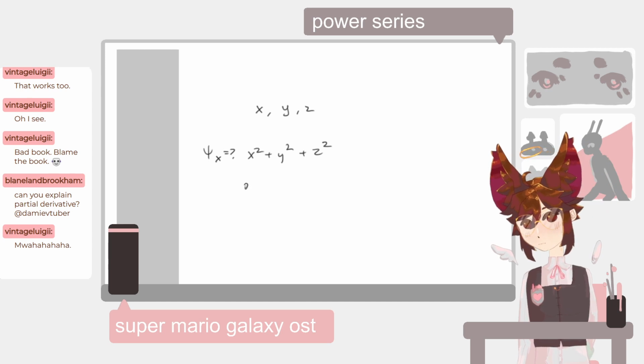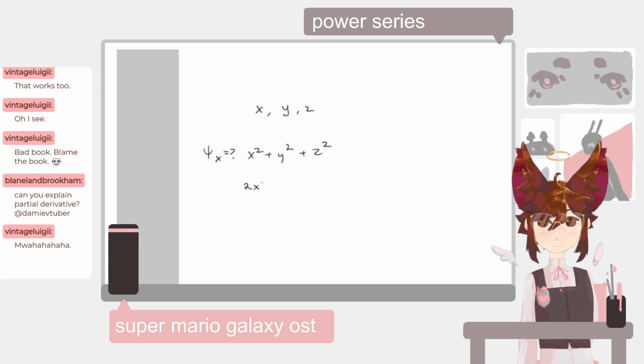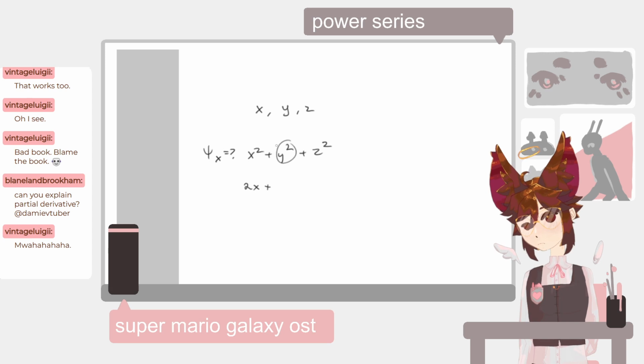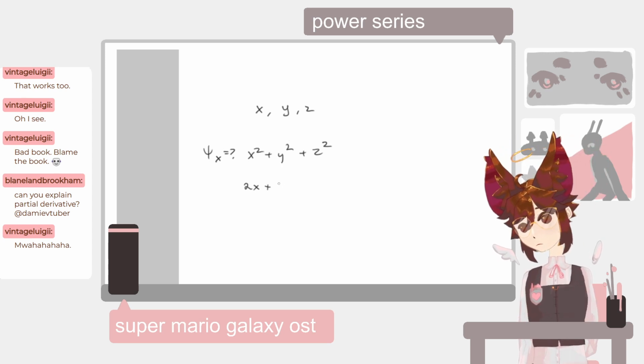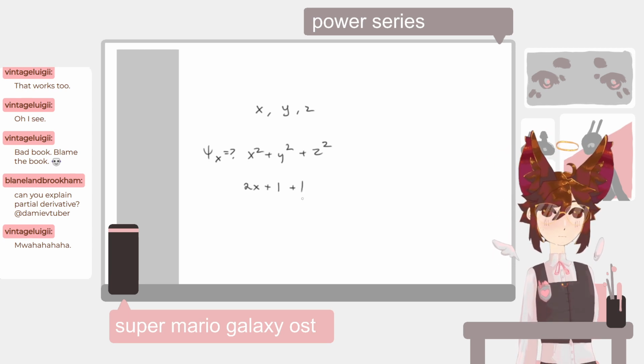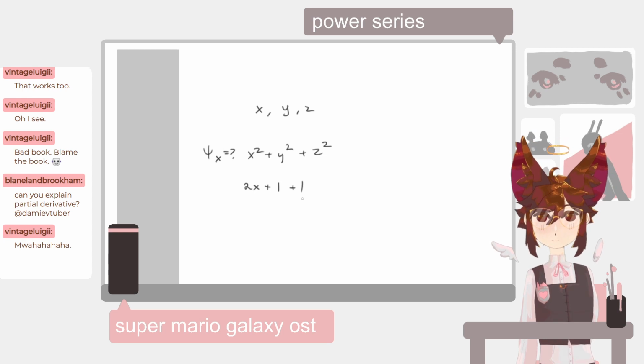So we do the thing we do with x: 2x, easy, right? Take the derivative. Okay, we look at y squared. Oh, what's that? It's not an x. Oh, well, it's a constant. So that's just going to be 0 plus 0, and that's all you do.